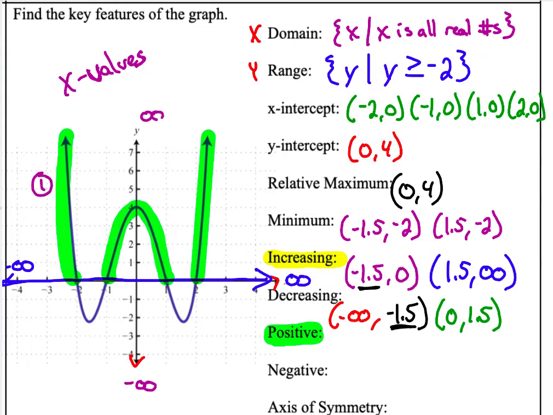Let's start with this chunk here. It starts all the way out here. Remember, it's going to keep going on and on and on. So that's -infinity. And it stops at -2. Then it starts again at -1 and continues all the way until +1.